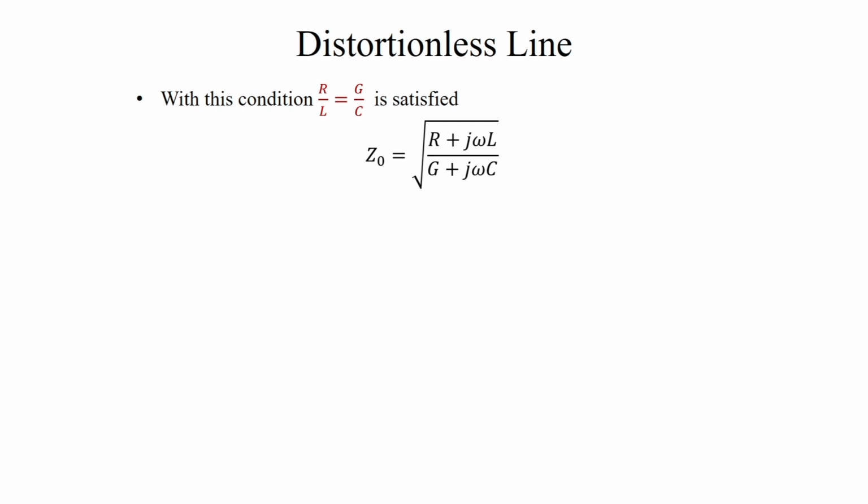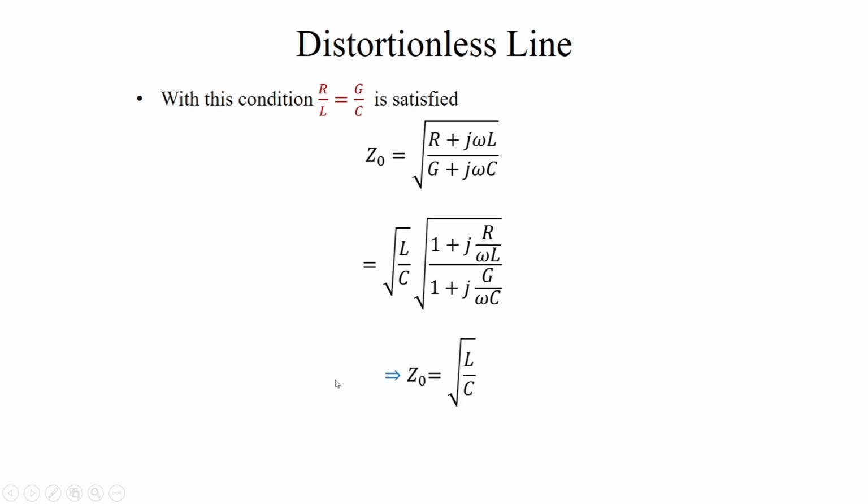The characteristic impedance Z naught is defined as square root of R plus j omega L divided by G plus j omega C. Now, we can write this expression into the form shown, where we find that in the numerator under the root R by omega L is the same as G by omega C in the denominator, and these two terms will get cancelled.